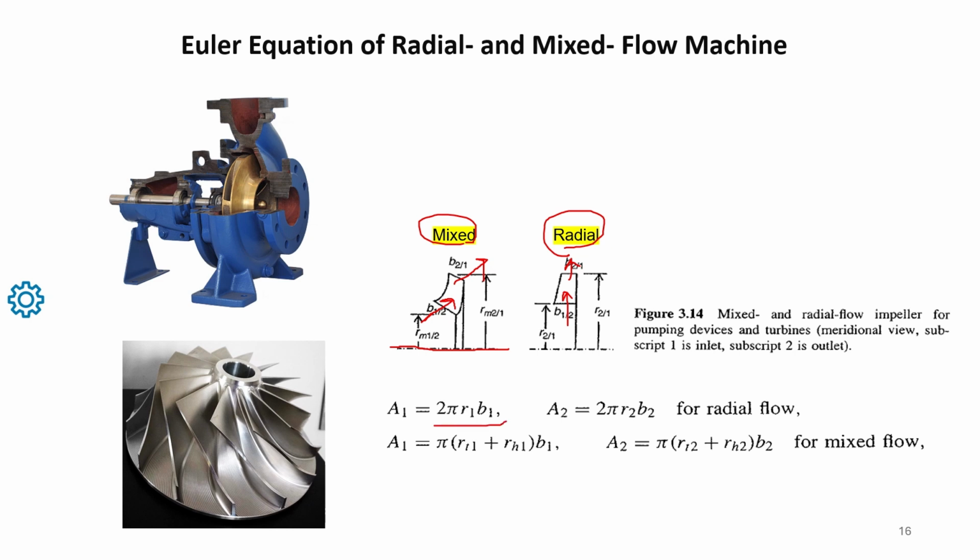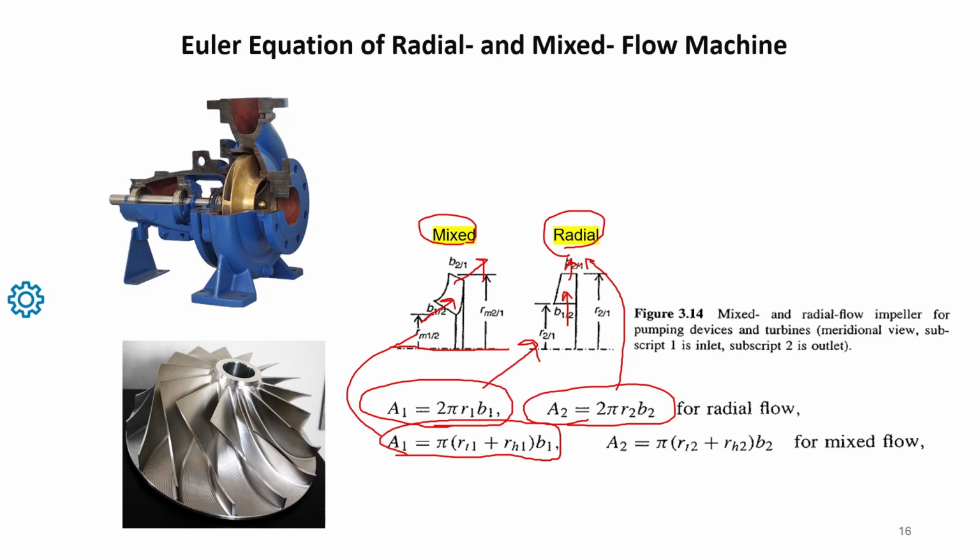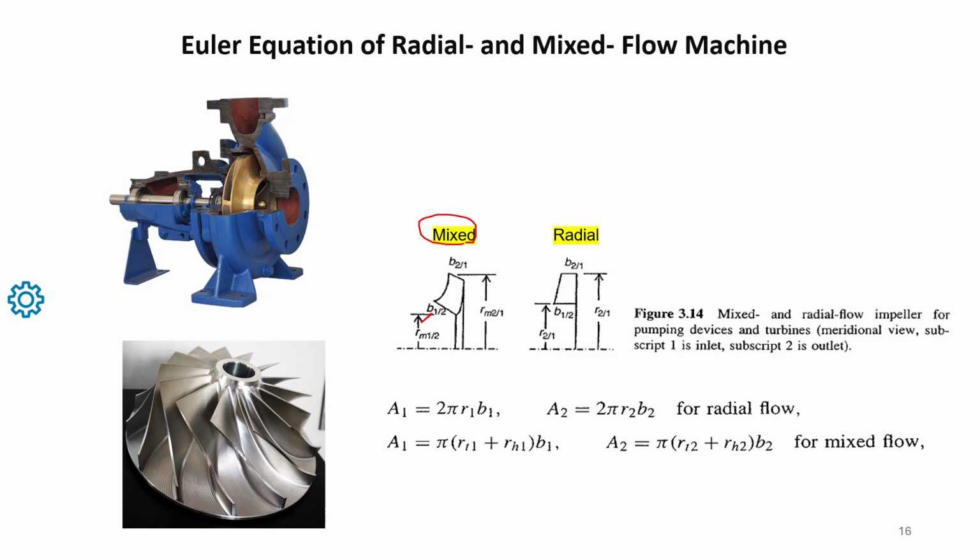Now the area of the flow at the leading edge, if you are talking about a radial flow machine, is this, 2 pi r1 b1, and the area at the trailing edge is this. But if you are talking about a mixed flow machine, then the area of the flow at this mixed position can be represented as this.